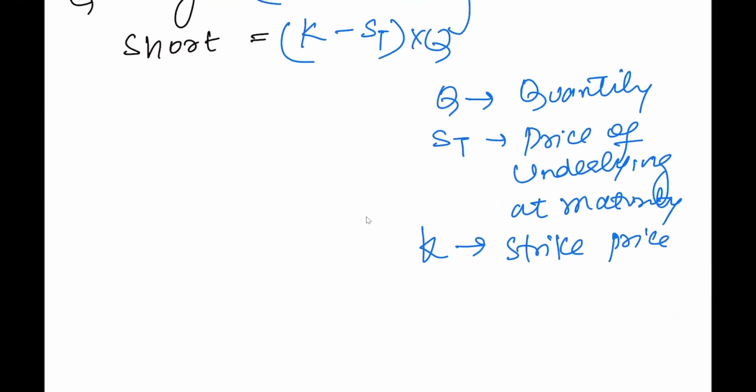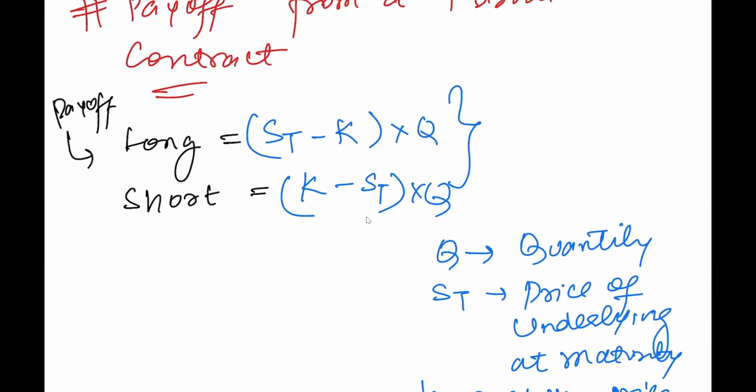So for someone in a long position in a forward contract, this will be the payoff equation, while for someone in the short position, this becomes the equation.